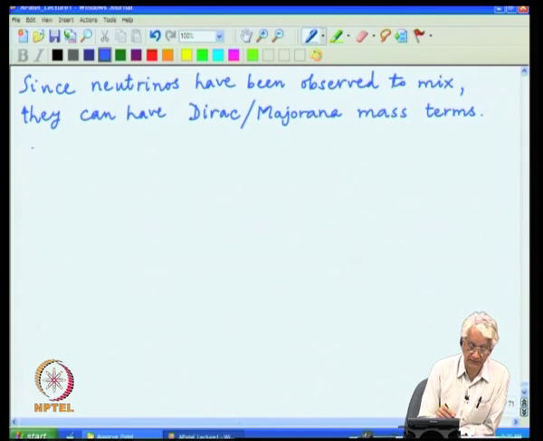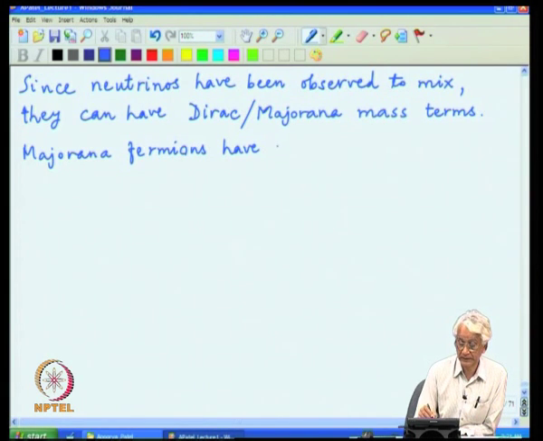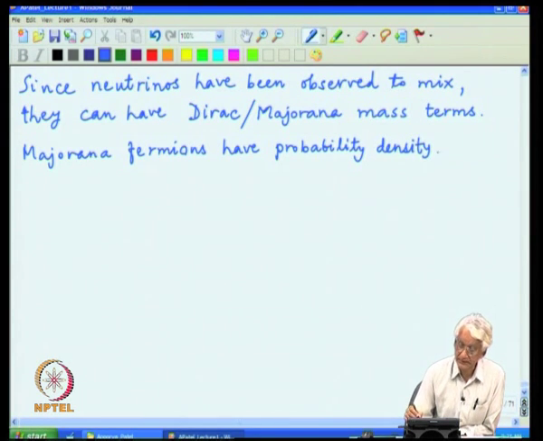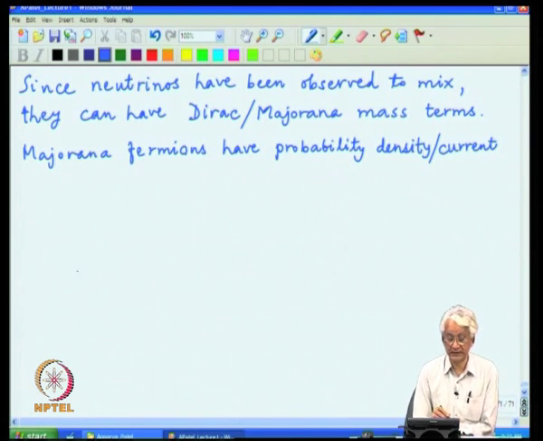But let me first just say that Majorana fermions have this probability density or current that is perfectly fine.